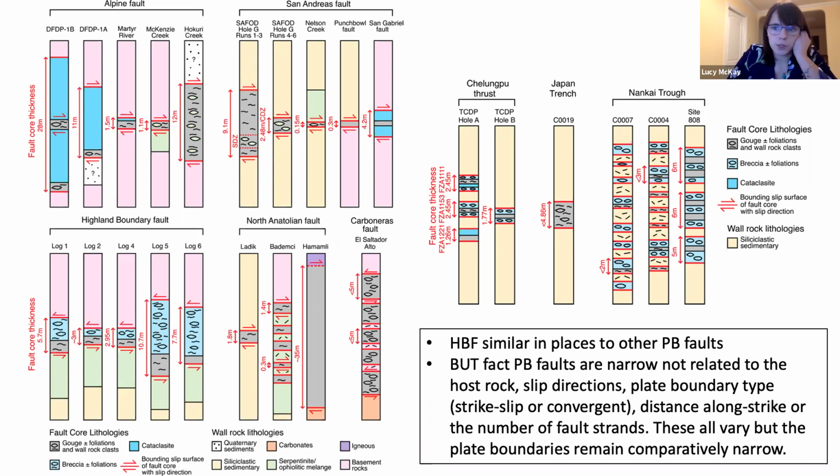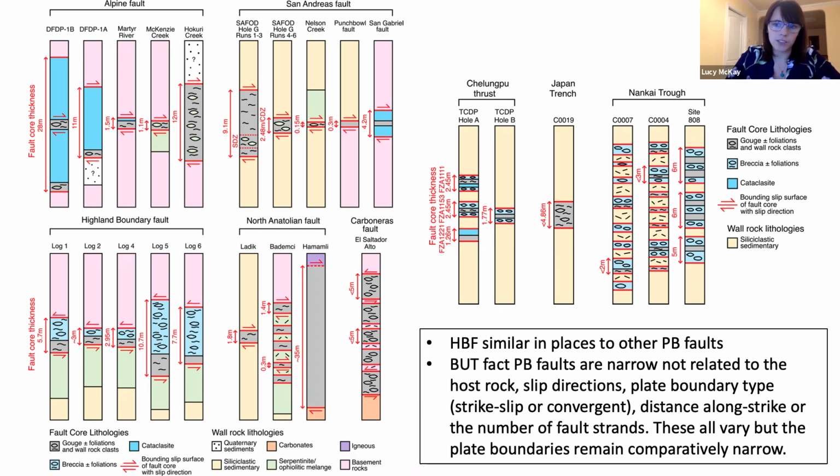For example, comparable to the San Andreas Fault, to these ones here. The San Andreas Fault is composed of an internally foliated, highly sheared gouge with centimetre clast wall rock lenses that are elongate parallel to the foliation, so very similar to what we observe for the Highland Boundary Fault.